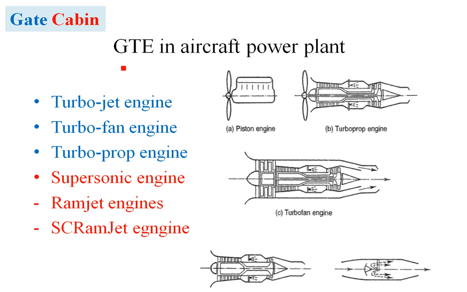Okay, so when we talk about the aircraft power plant, we start from 1918, during the First World War. From the First World War, the growth of the aeroplane industry has taken a very strong leap, and from the basic piston powered propeller engine, we have grown to the supersonic combustion ramjet engine, the scramjet engine.